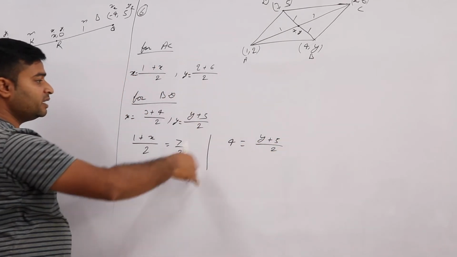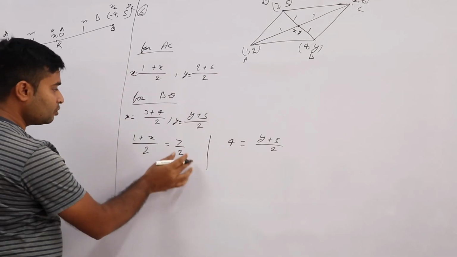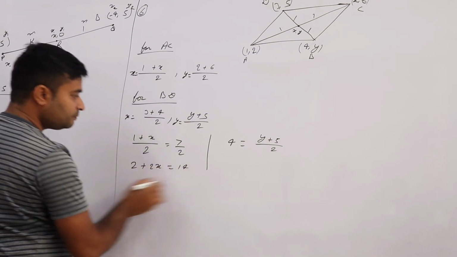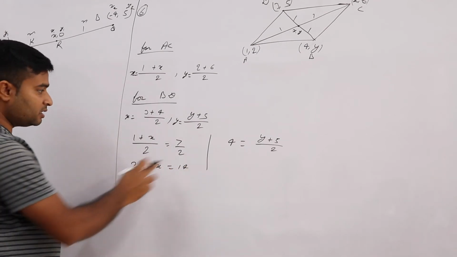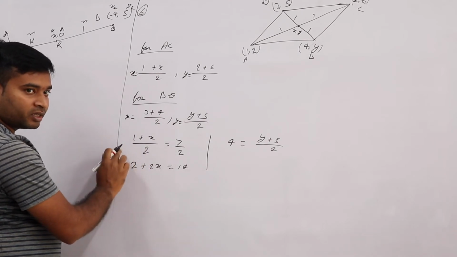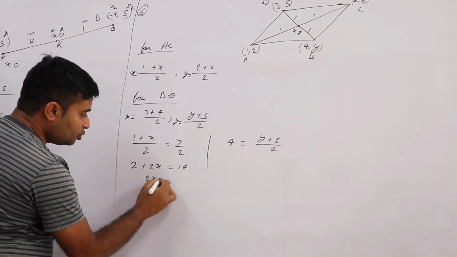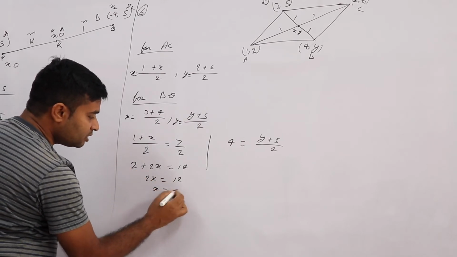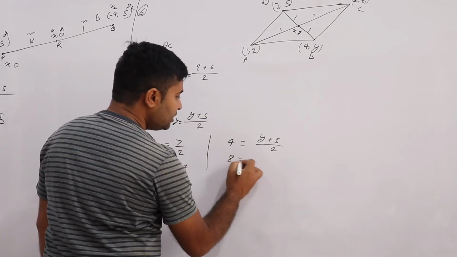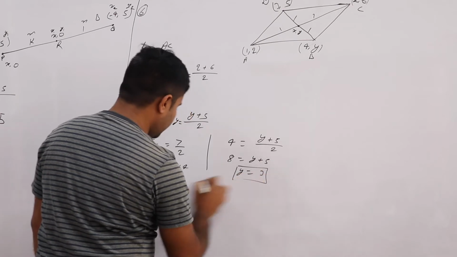We have compared x and we compared y. Now do cross multiplication. 1 plus x equals 7, so 2 plus 2x is equal to 14. So 2x is equal to 12, x is equal to 6. Here 8 is equal to y plus 5, so y is equal to 3.